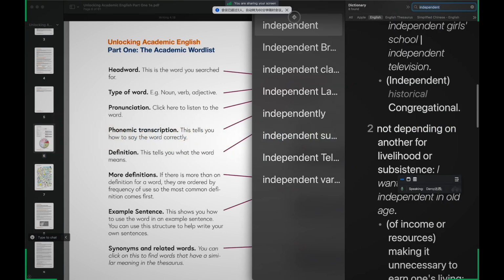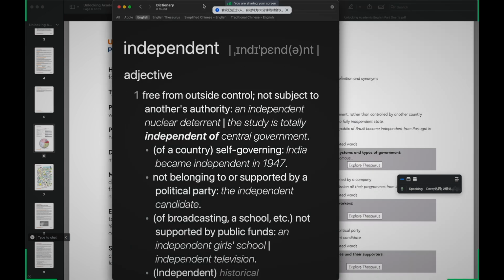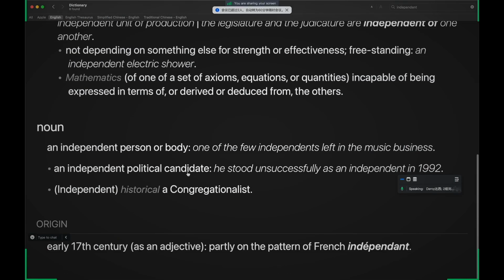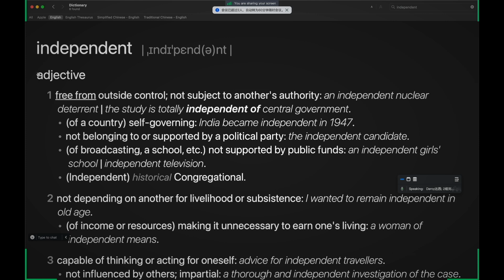So you have the head word, and again, the head word may or may not be the base form. The base form, we go down to the origin down here, and it says it's used as an adjective. Independent. Anyway, it doesn't tell us much about its origin other than it's a French word, right?